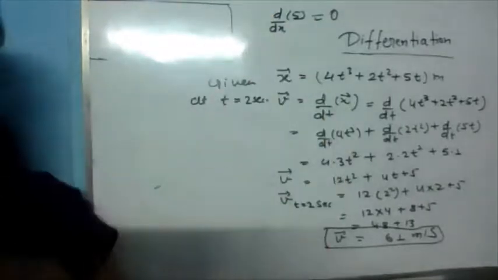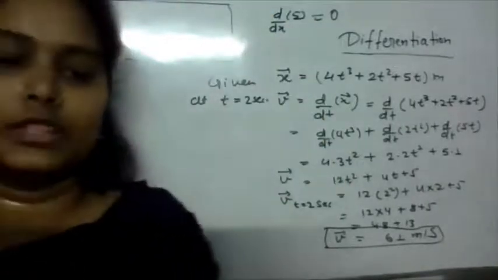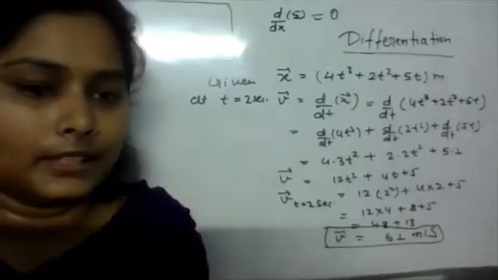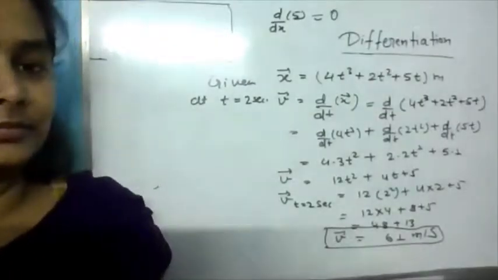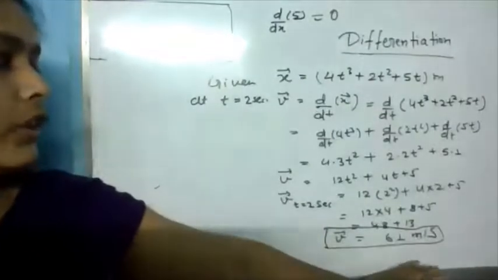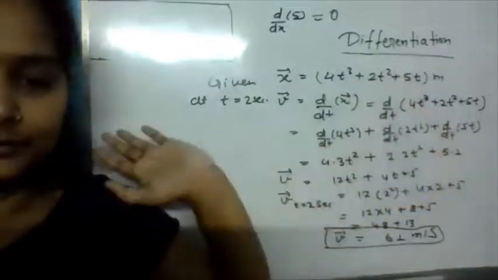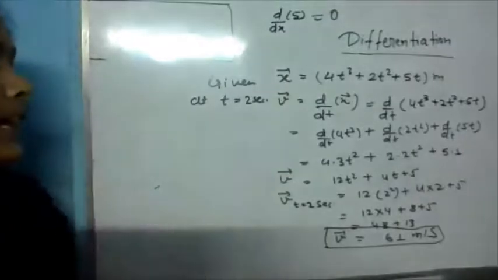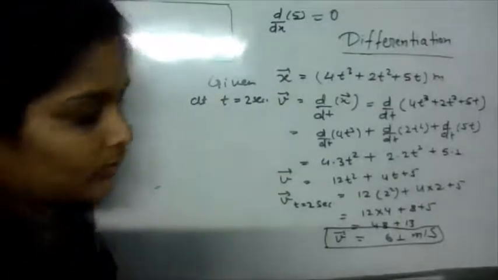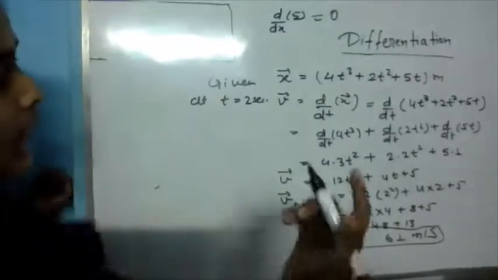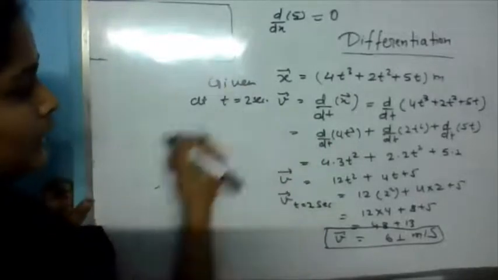This numerical is clear? You can simply find the velocity by differentiating the position vector one time. Now tell me, what is the acceleration after t equals to 2 seconds?